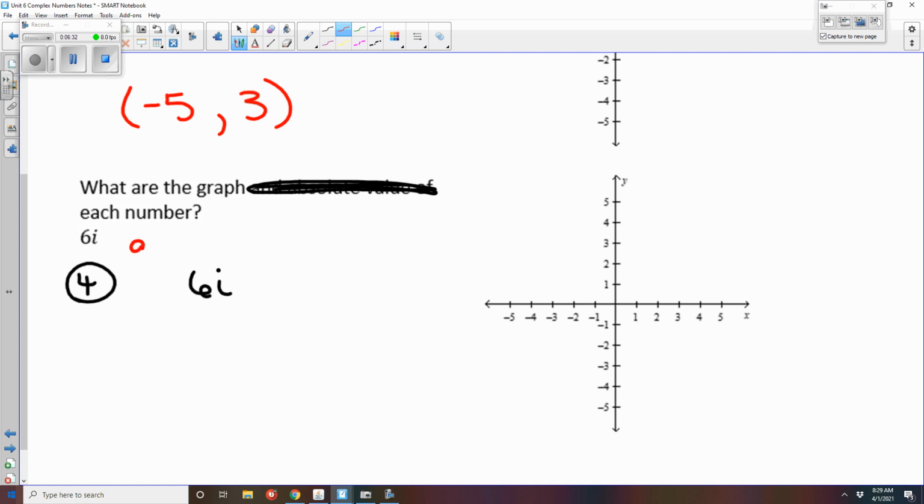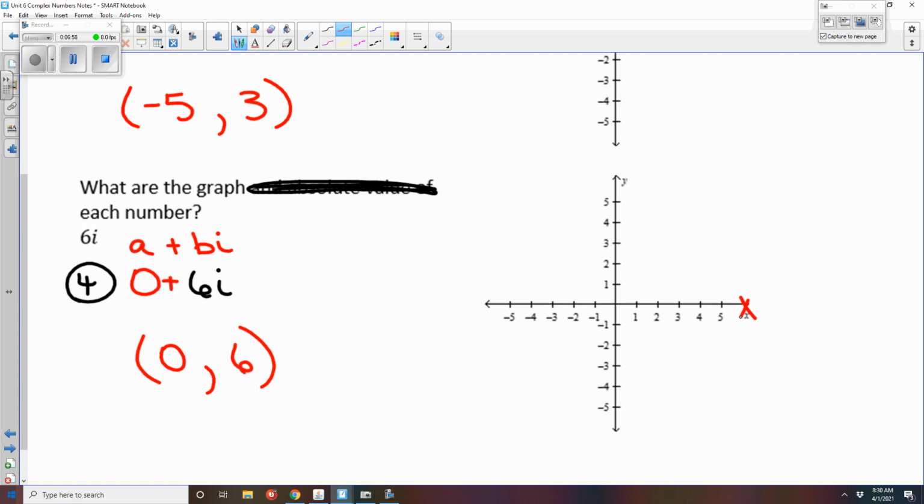A plus bi, you got it. So if I go to write my a value, what is a? It's just going to be 0 because there's nothing there. So it'd be 0 plus 6i. So a is 0, and then b is going to be what? 6. You got it.